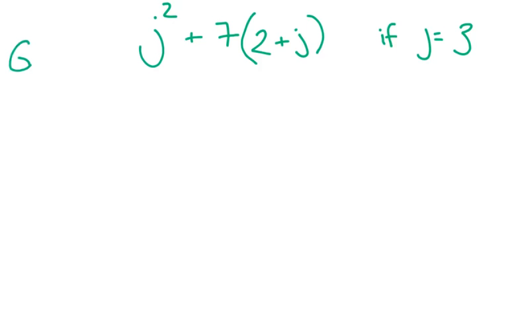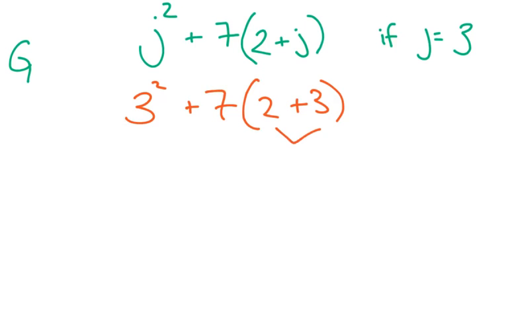Do you have any groupings? Yes. Well, really your first step is to replace. 3 to the power of 2 plus 7 times 2 plus 3. Now you've got to follow your order of operations. Groupings: 3 to the power of 2 plus 7 times 5.